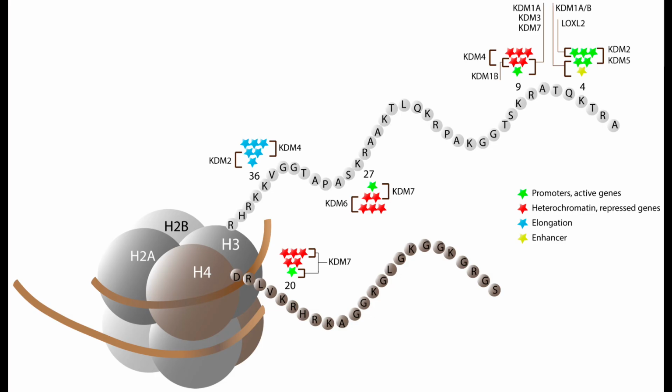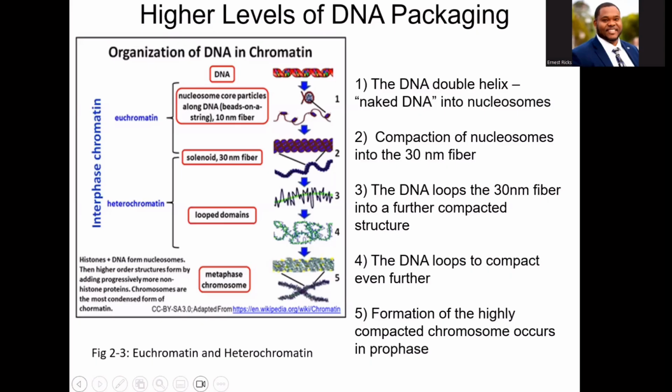And whether or not you have euchromatin or heterochromatin matters in gene expression. That's what we're going to see as we move forward. How do we regulate gene expression from an epigenetic standpoint? This is one of those major base points that you have to understand: how the DNA interacts with the histones, and how that plays a role in how genes are expressed or not expressed. Hopefully this helps.